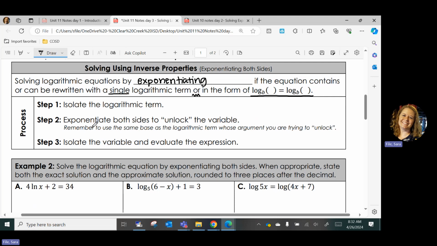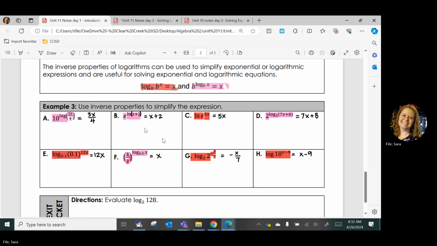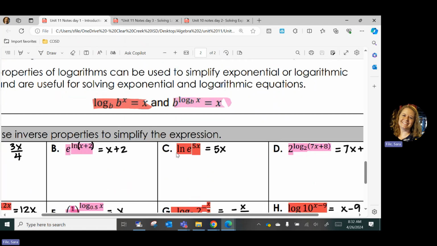It says to remember to use the same base as the log term whose argument you are trying to unlock. Now, what this is creating, I'm going to have to go back and show you in our day one log notes. This is what we're trying to do here, the part that's highlighted in pink. We talked about this in the intro notes.